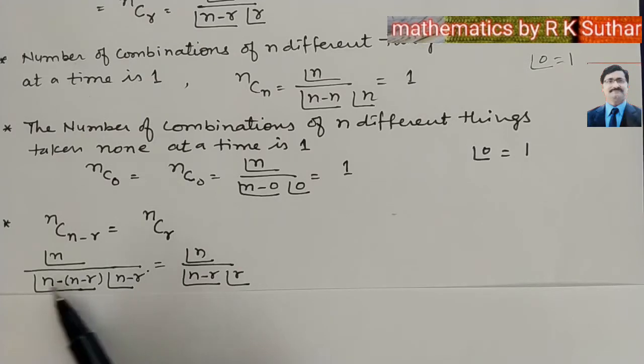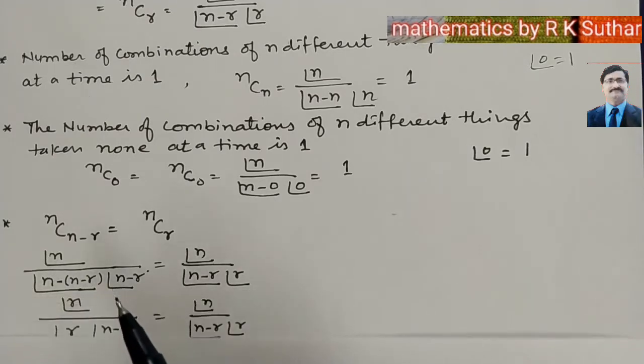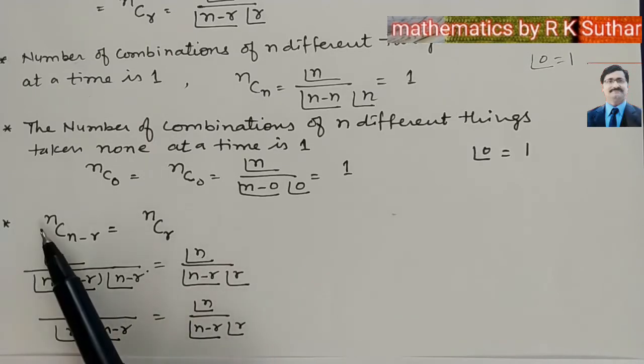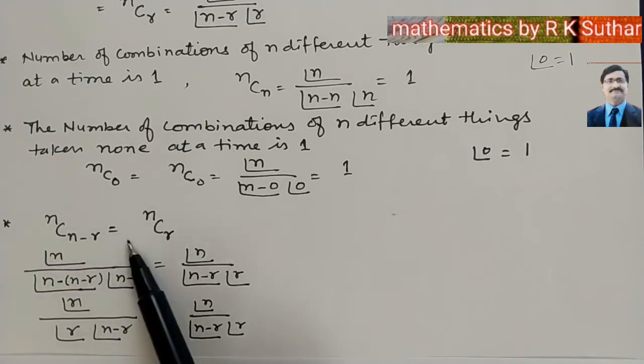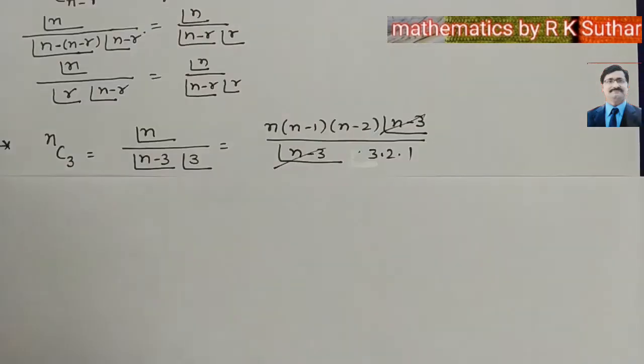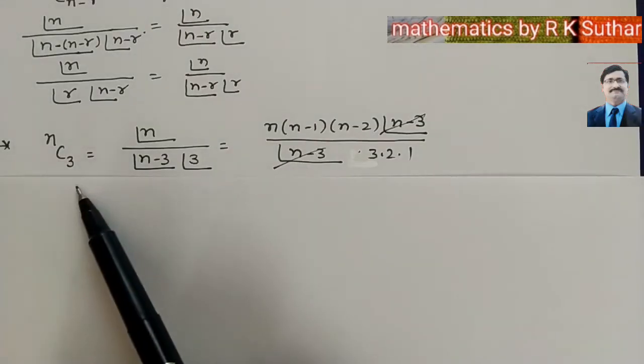When we open this bracket, the n cancels and we get only r, that is factorial n upon factorial r and factorial n minus r. Now you can see both sides are equal, so nC(n minus r) and nCr are equal.